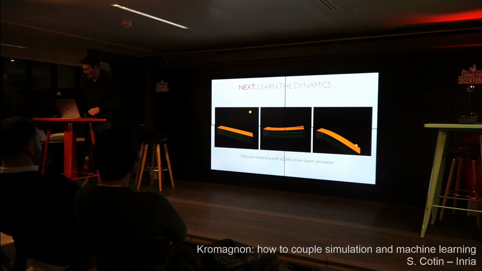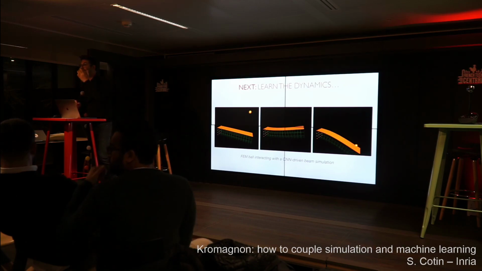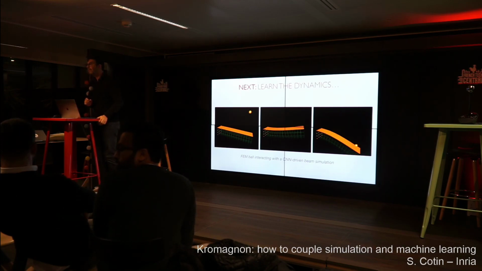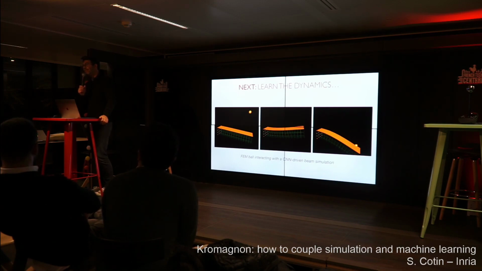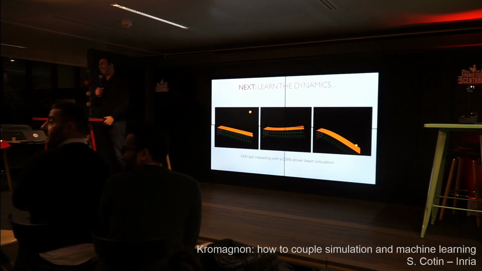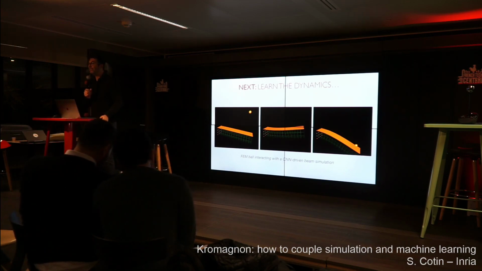Okay, you have two other questions in the back here. Very nice work. Do you think it will be possible one day to, instead of training your network with a parameter, to train it with a topological change? So for example, remove some elements. Somehow I knew this question was coming. I don't know, really.